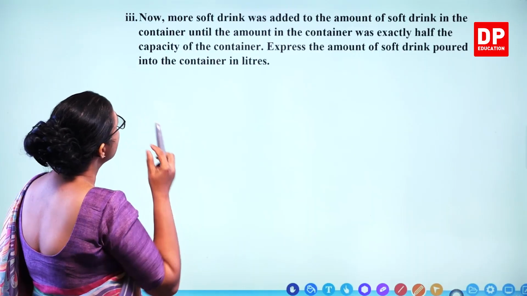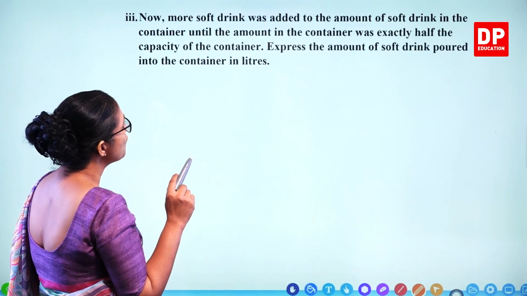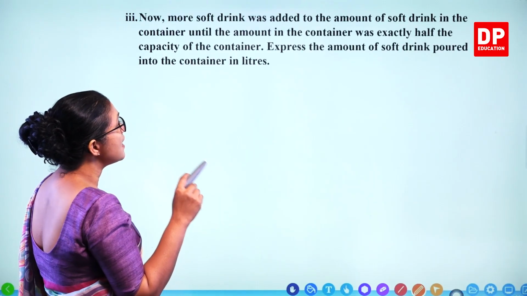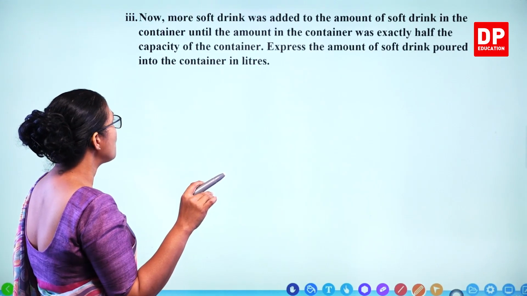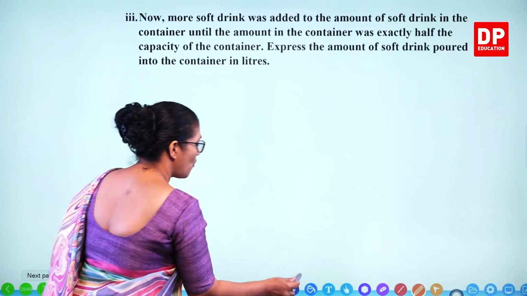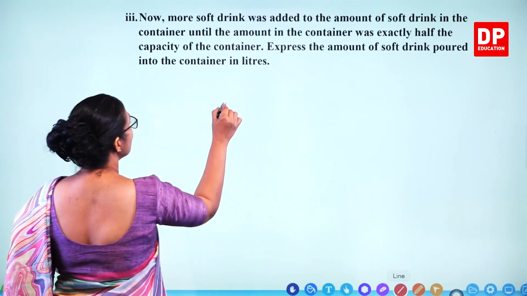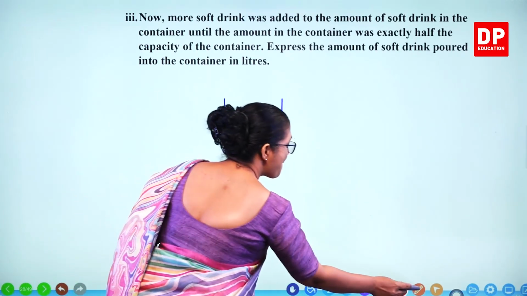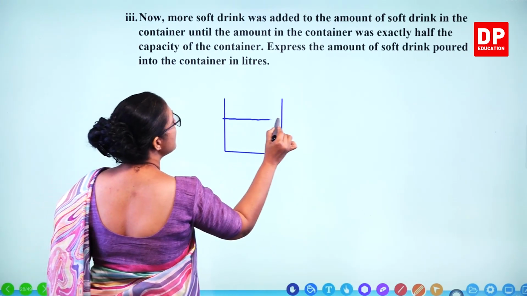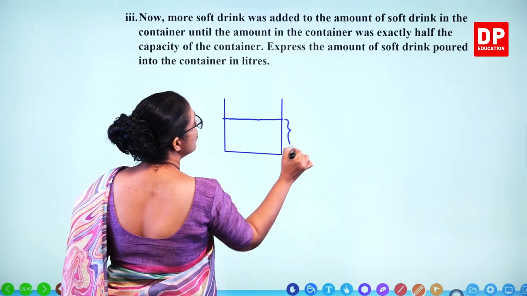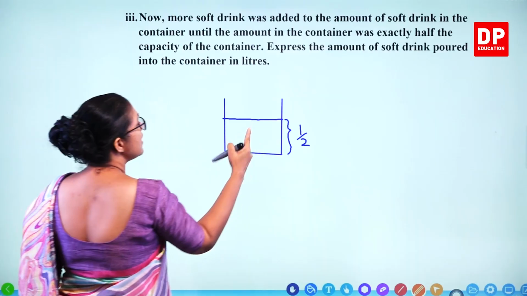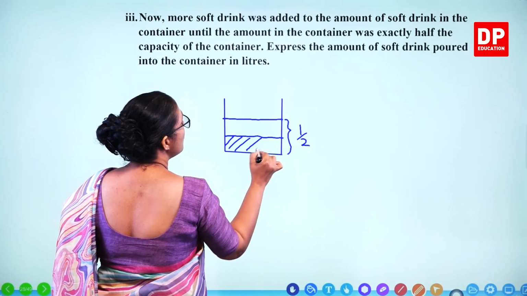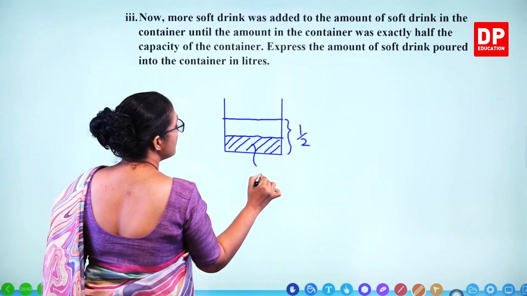Now more soft drink was added to the amount of soft drink in the container until the amount in the container was exactly half the capacity of the container. What does it mean? Now think about this is the container. So filling up to the level half of that, but now we know this is only filled 1/5.